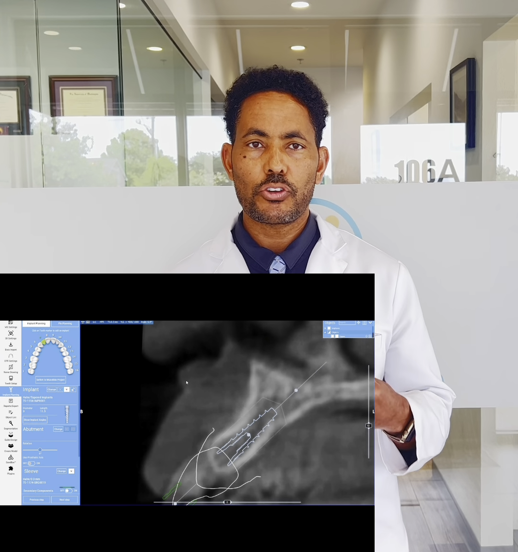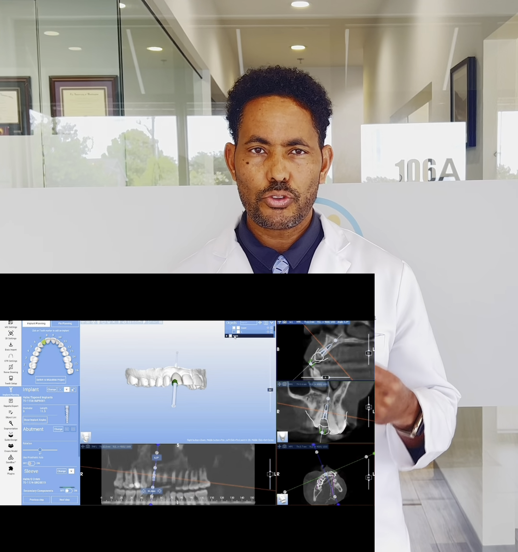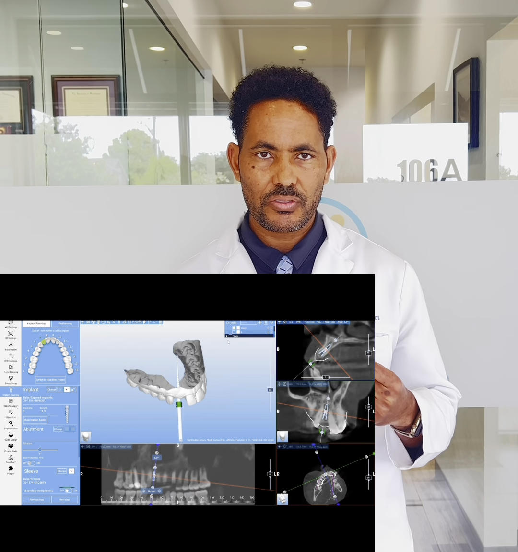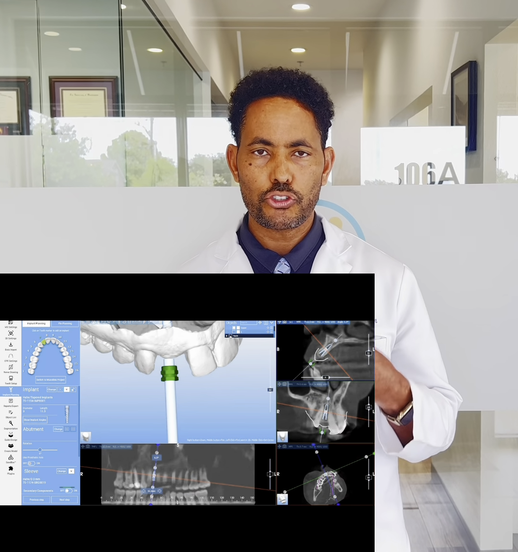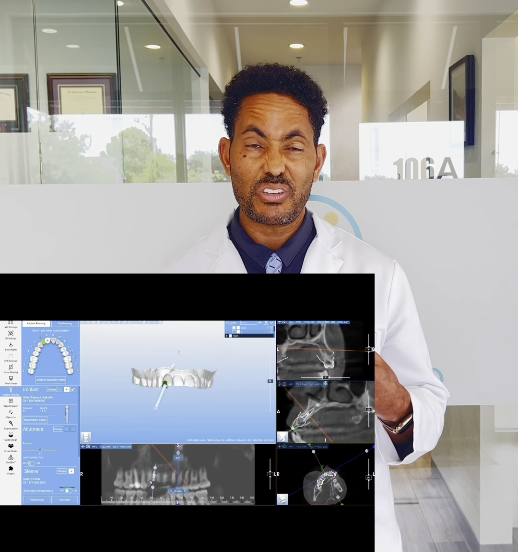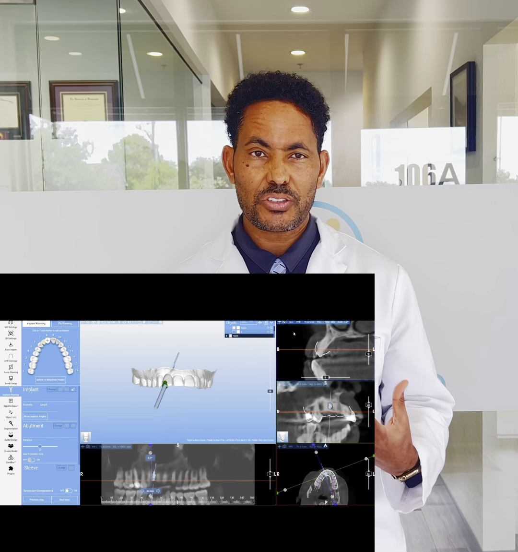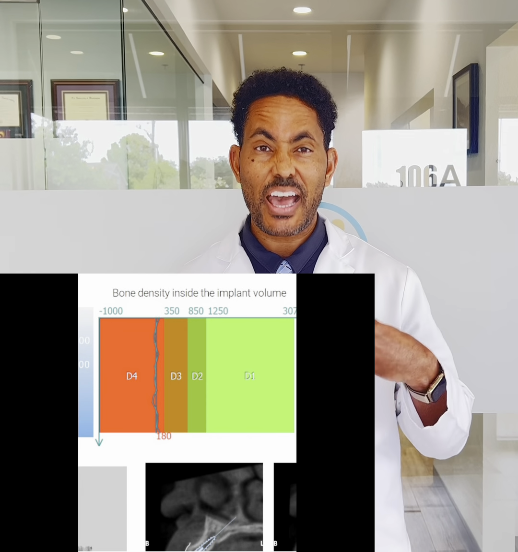If you're missing a tooth, your doctor needs to go through all of these steps for you to have a really good outcome. No shortcuts. Shortcuts don't work. Having the technology, having the 3D scan, allows us to visualize the outcome before it actually happens.